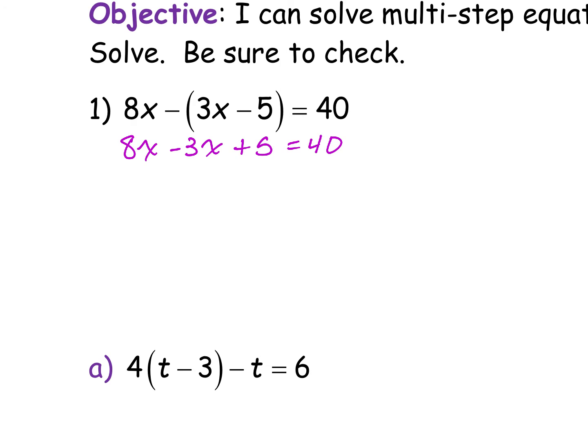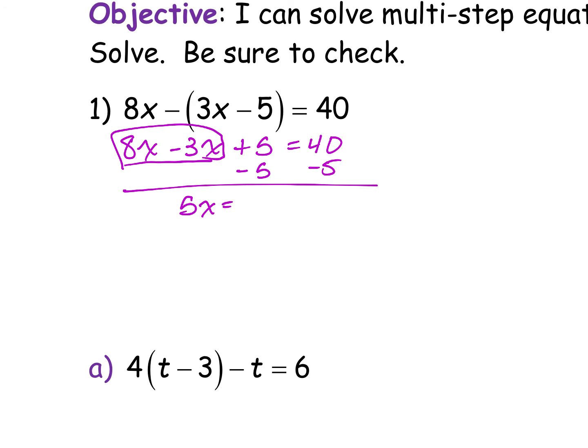I'm going to subtract 5 from both sides. And then 8x minus 3x gives me, what does that give me? 5x equals 35. Divide by 5. X equals 7. Not too bad?